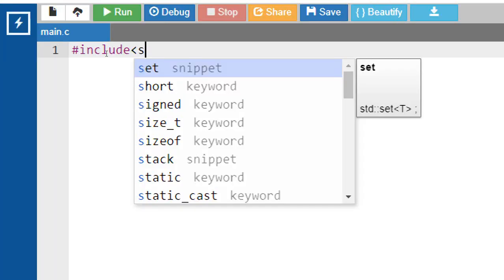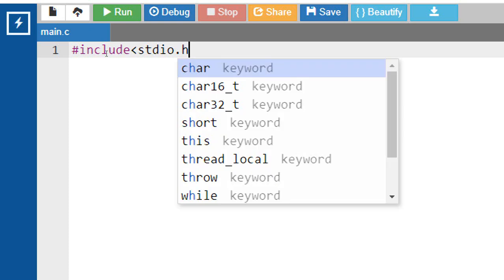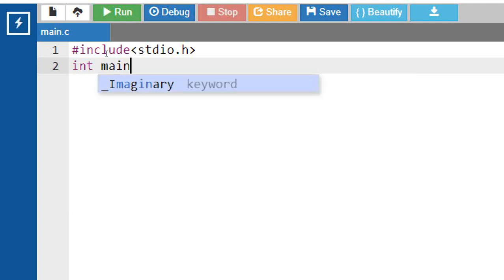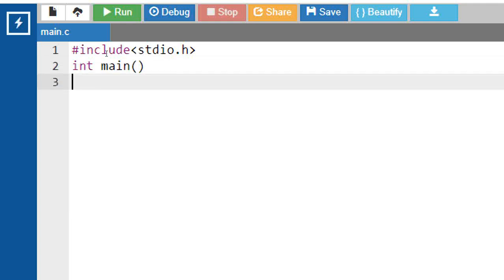So see here, stdio.h. This is a header file. We call it a preprocessor directive also, because here the functions like printf and scanf are defined. So for the arithmetic example, int main, integer main, will be used here; void main also we can use.